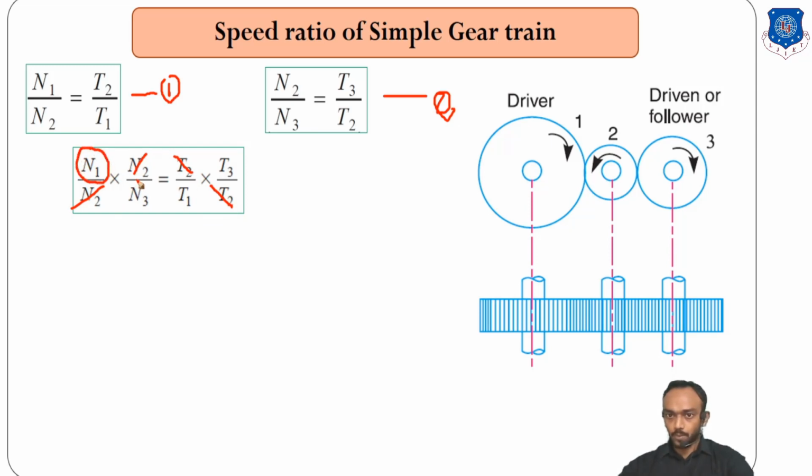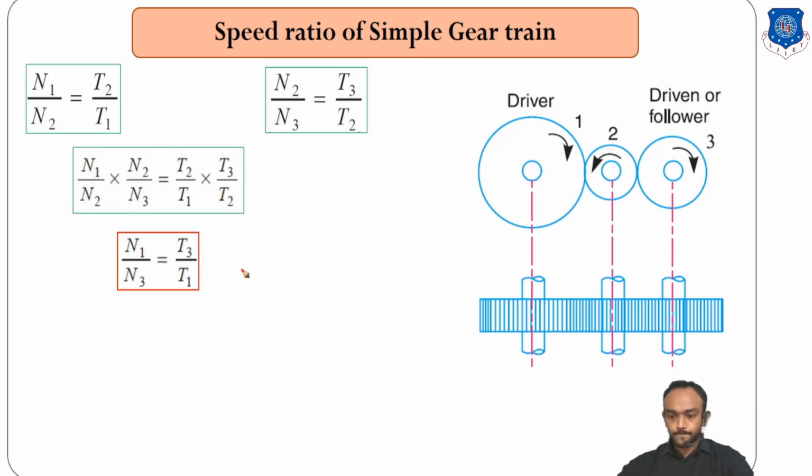N1 upon N3, the RPM of 1 divided by the RPM of the driven, is known as the speed ratio. So ultimately, N1 upon N3, meaning RPM of driver upon RPM of driven, is equal to number of teeth of driven divided by number of teeth of the driver.